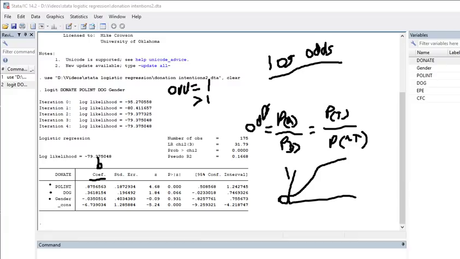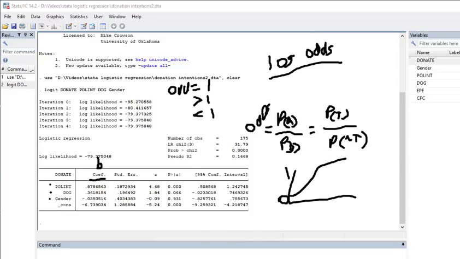And obviously, if the probability of the target event is less than the probability of the non-target event, then we'd be looking at odds that are less than 1. So we want to keep that in mind as we move forward.